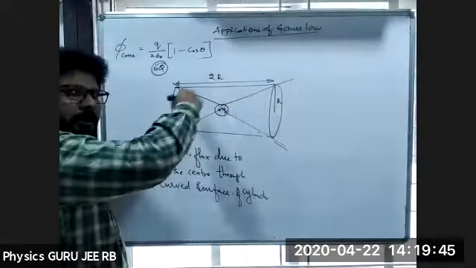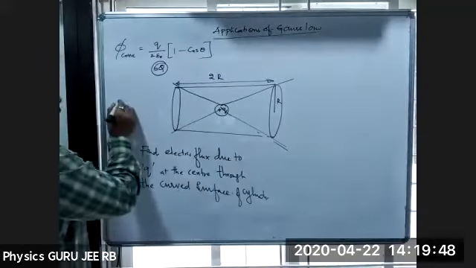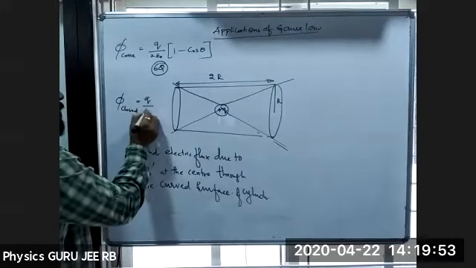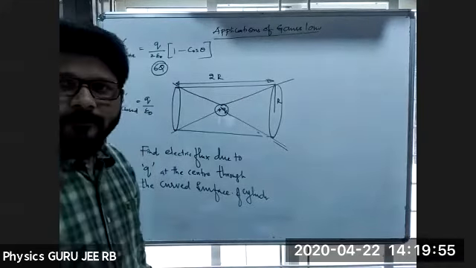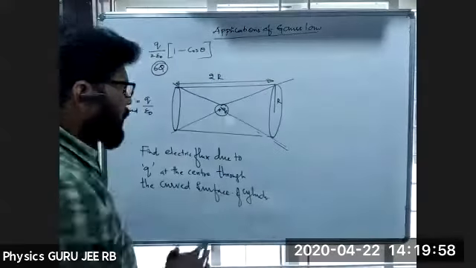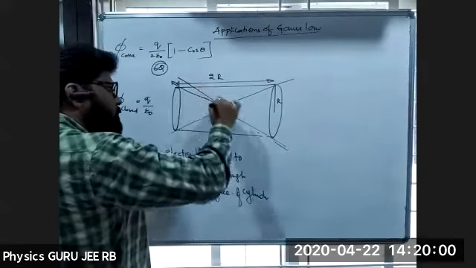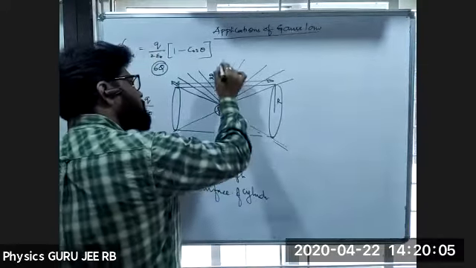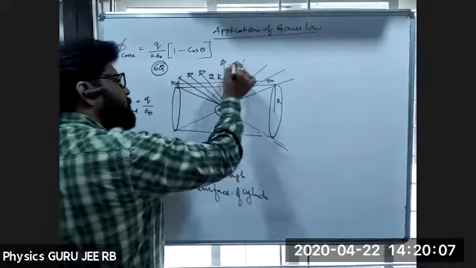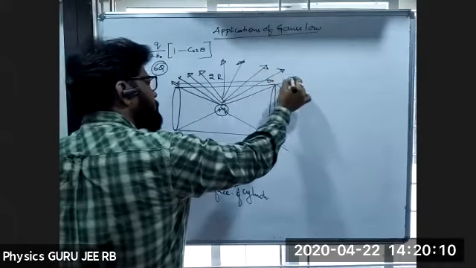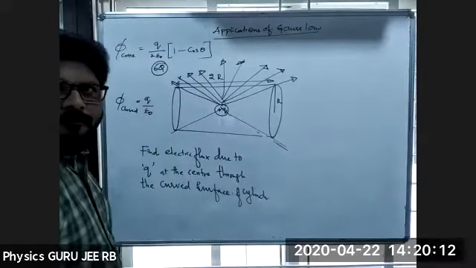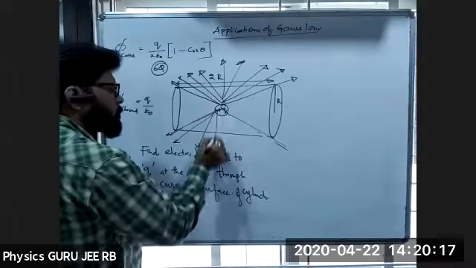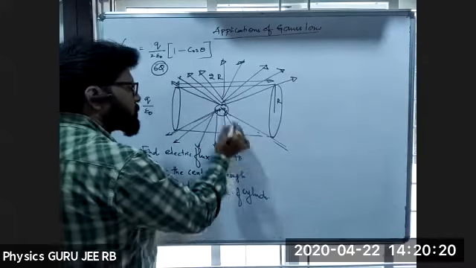We know that the total closed surface flux is Q by epsilon naught, right? So what do we have to do? Only this flux I require, not the upper flux and the lower flux.